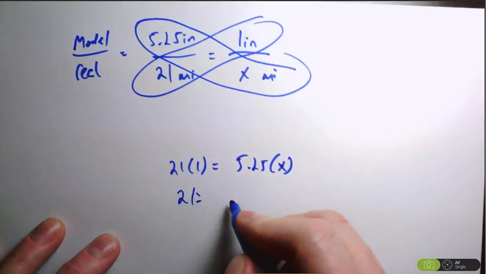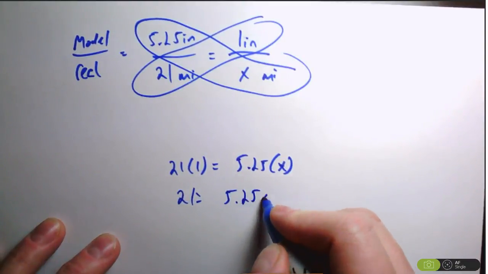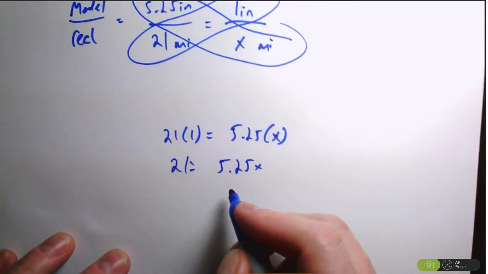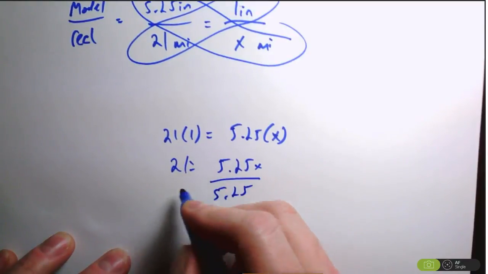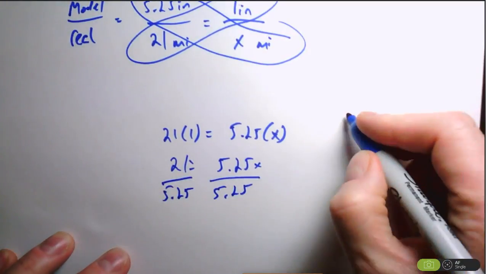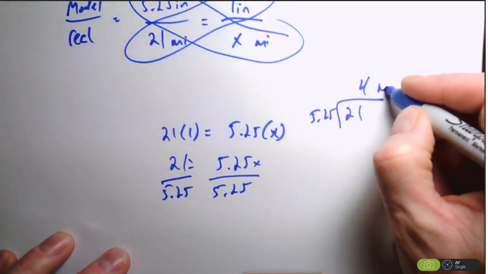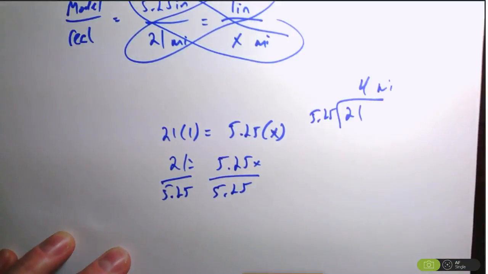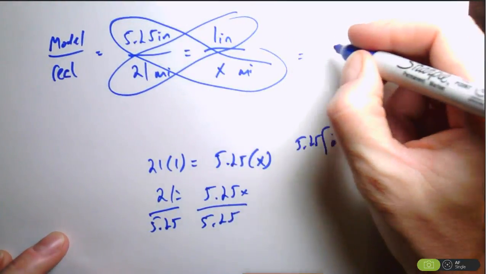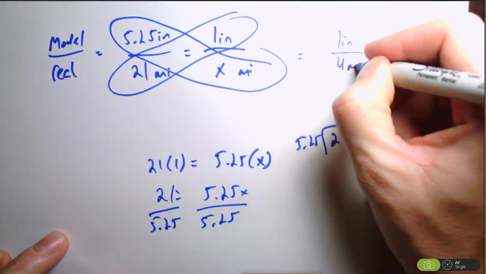Okay, so 21 equals 5.25x, and then we'll just divide. So I really have to do 21 divided by 5.25, which luckily is very simple. It's 4. So this gives us 1 inch to 4 miles.